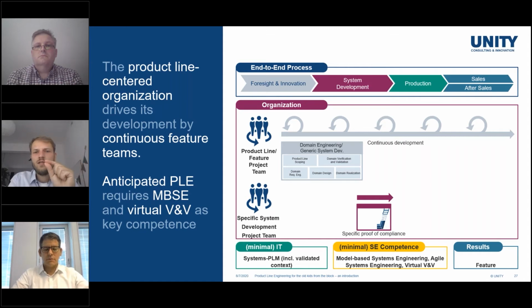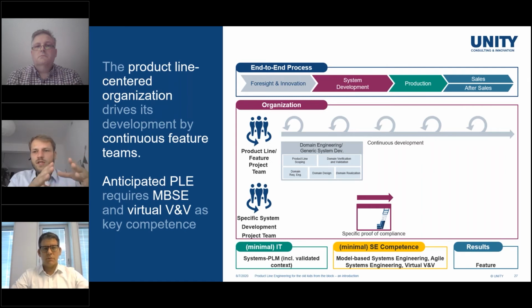You anticipate what the customer wants and how they want to use the product, and you create that demand. And so you develop those features and release them into the market. You increase your variability by smart data management and smart development with the use of feature teams.